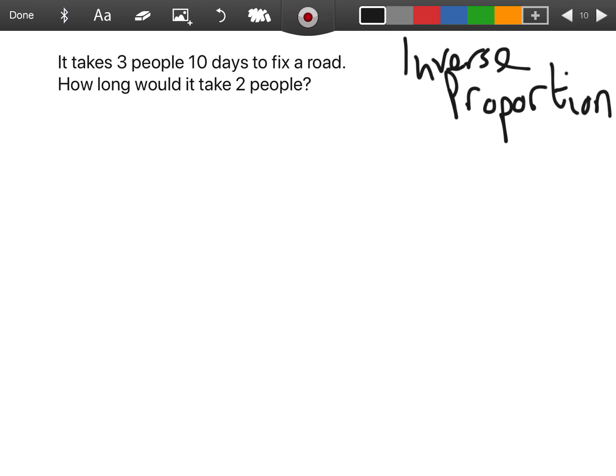If I had less people, it wouldn't take less time. Less people would take longer to repair the road. So these questions, question 8, 9, 10, they're all questions where one thing goes up as the other one goes down.